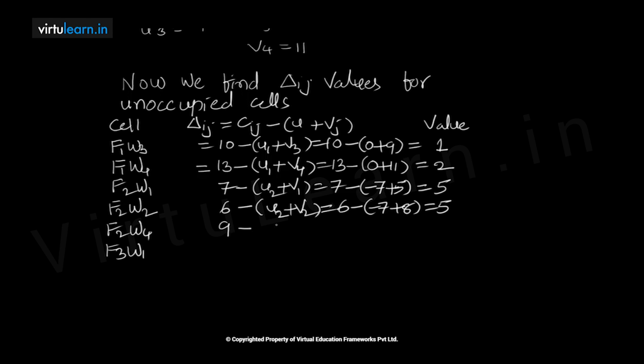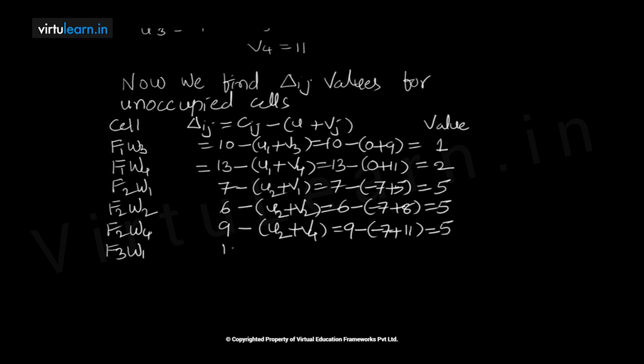F2W4 is equal to 9 minus U2 plus V4, which is given by 9 minus the U2 value, minus 7, plus 11. It also gives 5.